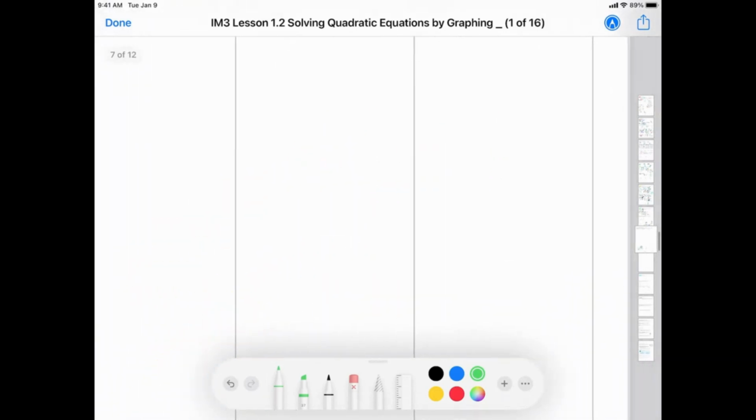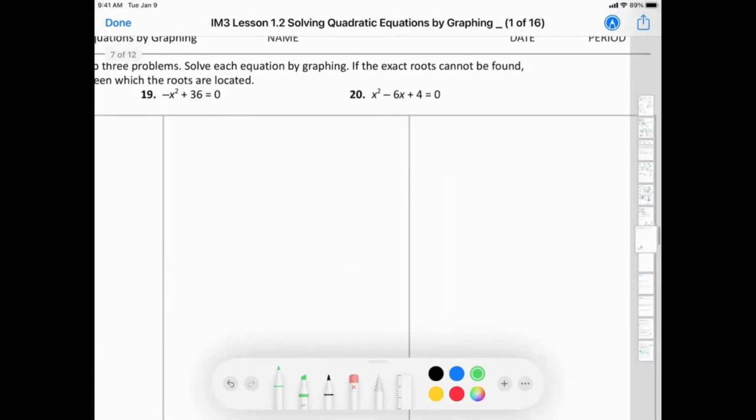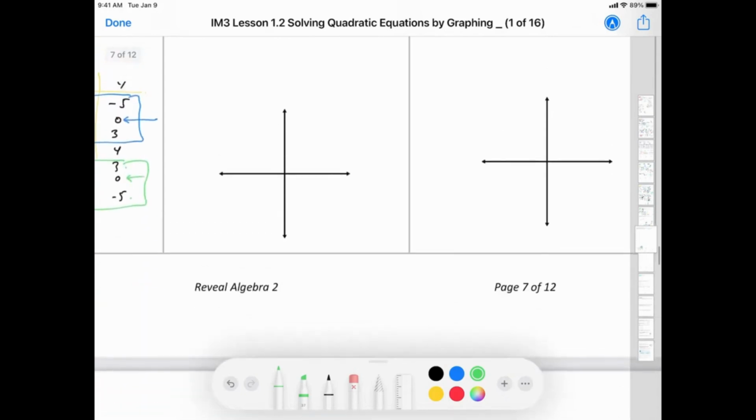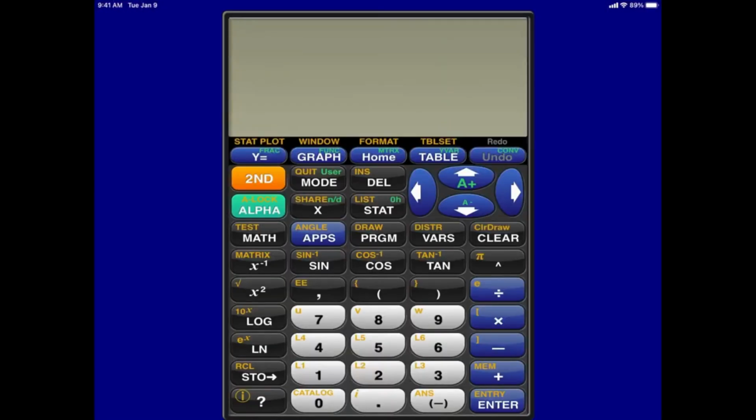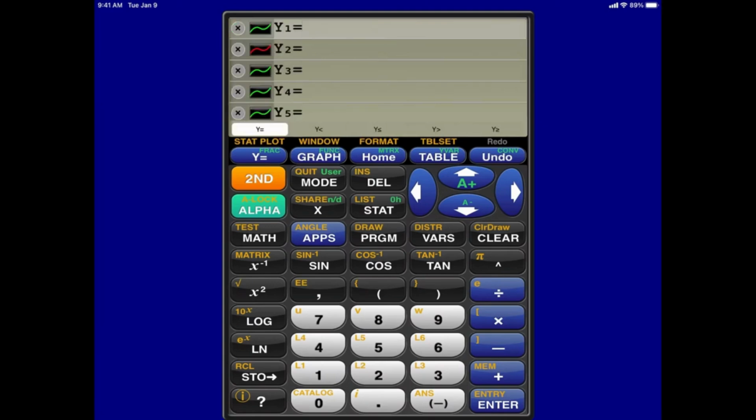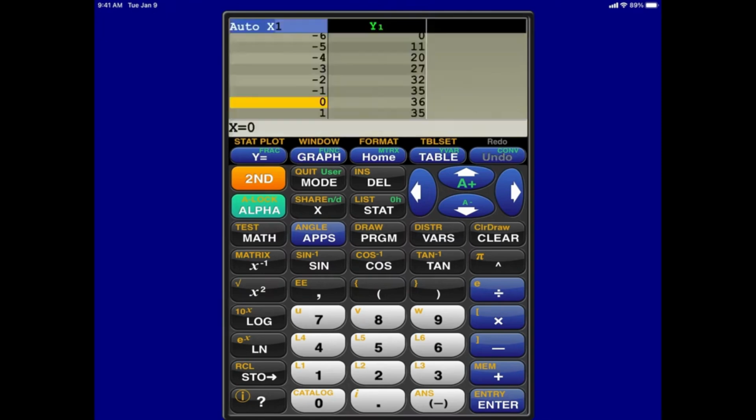All right, let's do this a couple more times. Let's go to number 19. Let's get a graph. Y equals negative x squared plus 36. Let's get a table. And graph.